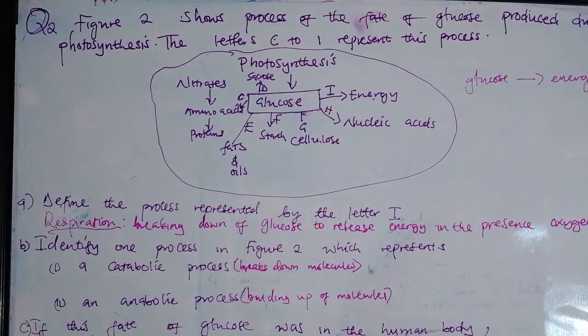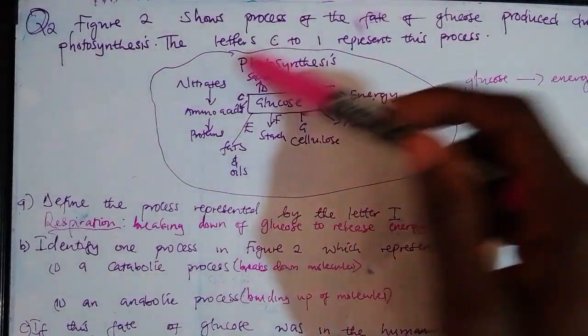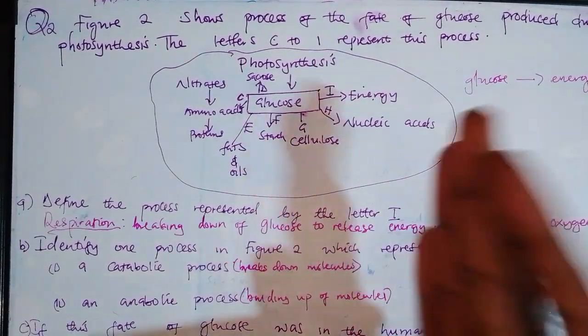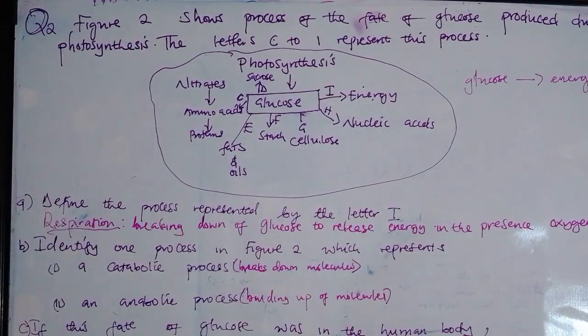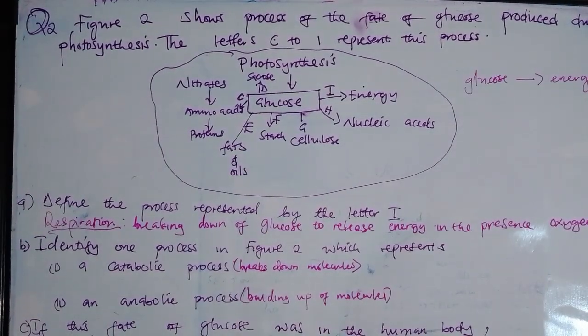So in short, they're asking us to list a process which involves building up of molecules, which is anabolic, and also a process which involves the breaking down of molecules, which is catabolic. So among the processes we have here, which process is catabolic? Remember the definition we gave on the first question.